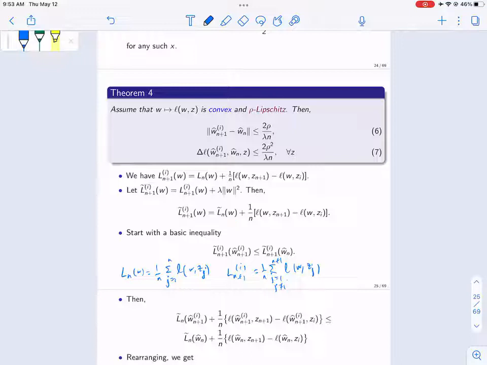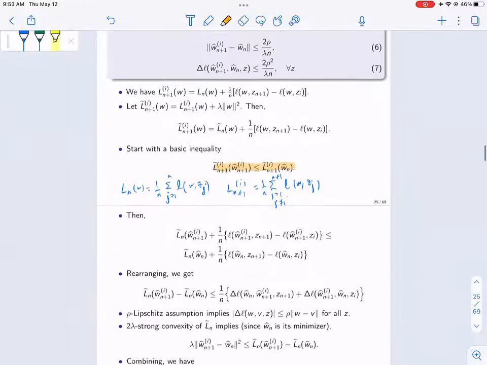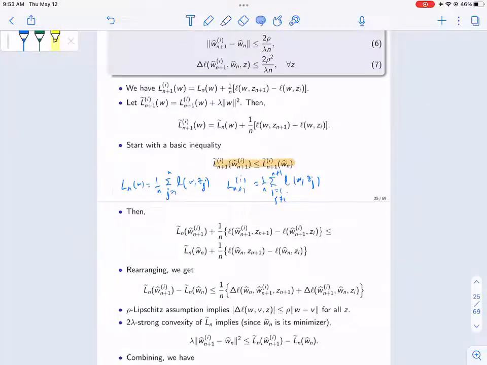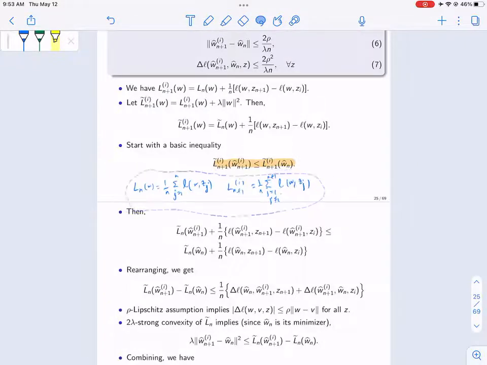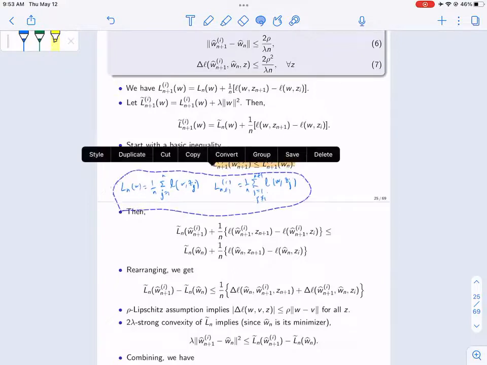Then we write one form of a basic inequality. So that's the basic inequality. Anyone want to justify why this inequality is true? Yeah, great.